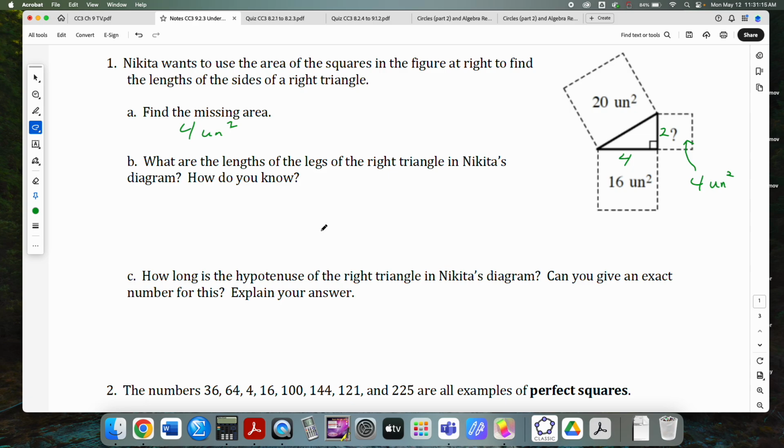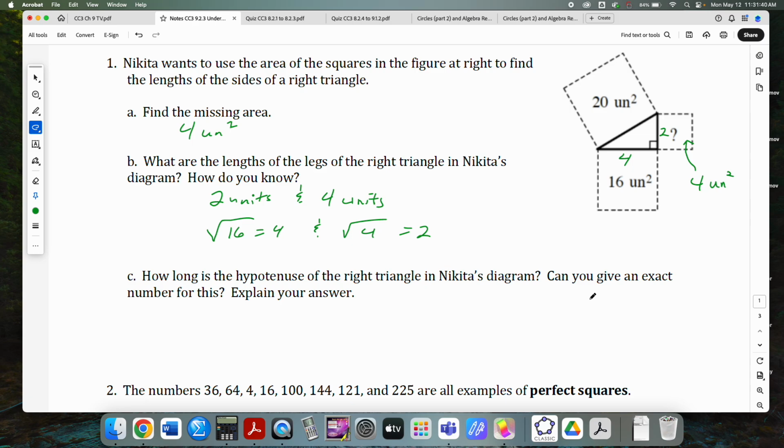So the lengths of those two are 2 units and 4 units, because the square root of 16 is 4 and the square root of 4 is 2.